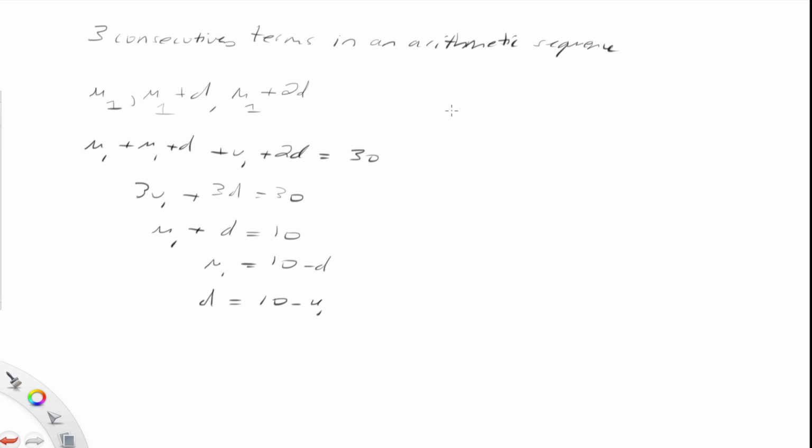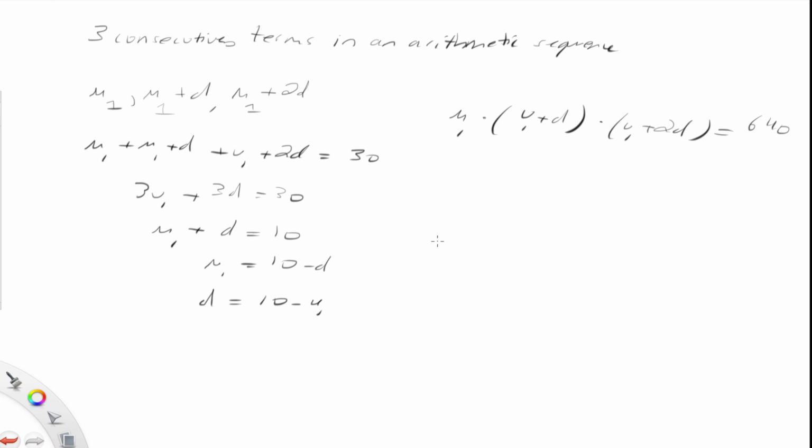So the product of these 3 consecutive numbers would be u1 times u1 plus d times u1 plus 2d, right? Because they're the same 3 consecutive numbers, but this time the product is equal to 640. So how do we do this?